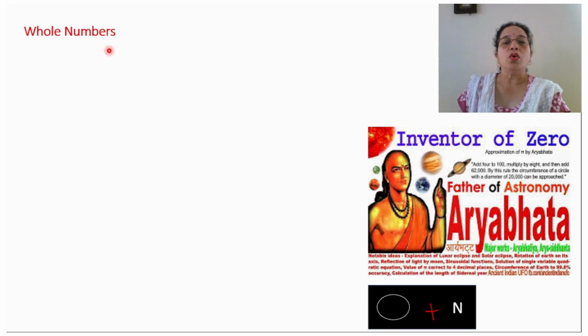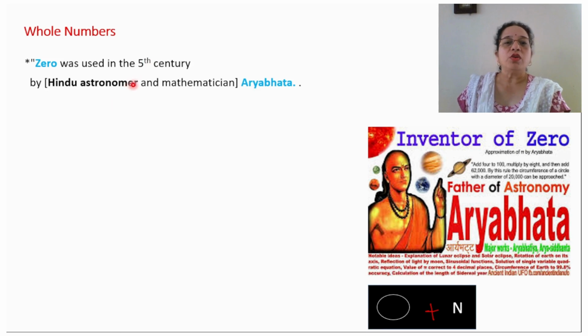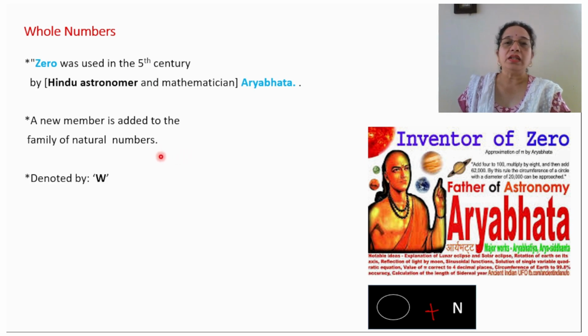So now, whole numbers. 0 was invented in the 5th century by Aryabhatta. A new number is added to the family of natural numbers, and the name of the number system is given as whole numbers, denoted by W. So we can say that W is equal to that new number added to the natural numbers 1, 2, 3, 4.